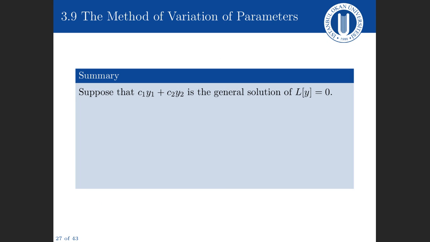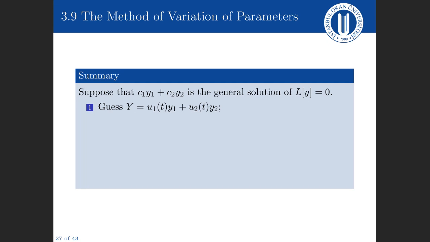Let me give a summary of this method, because I'm aware that first time you see this, this looks complicated. Suppose we know the general solution to a homogeneous equation. And suppose that we want to find a particular solution to the non-homogeneous equation.